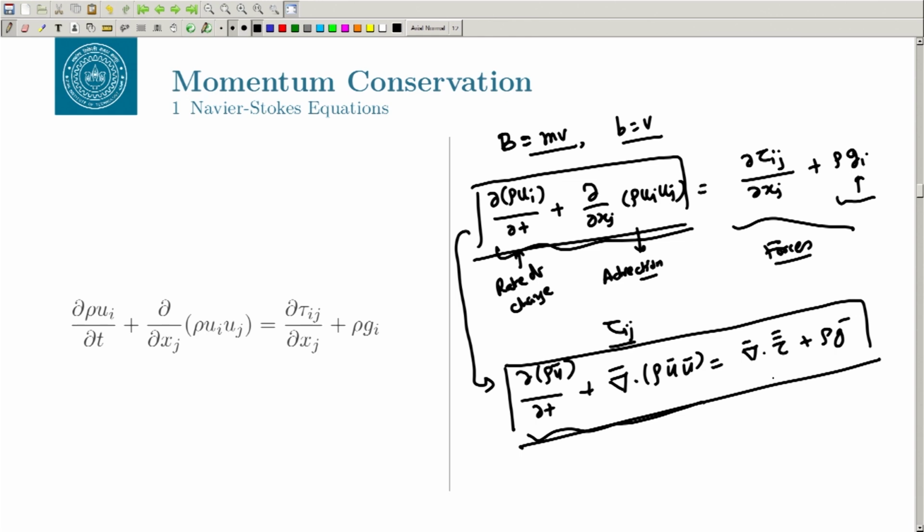Before that, people tried to derive this expression, but they did not consider the viscous forces, so they are not the complete conservation law. You might have heard about the Euler equation, where you do not have the viscous term, and that cannot be applied to any realistic flow where you have viscosity.